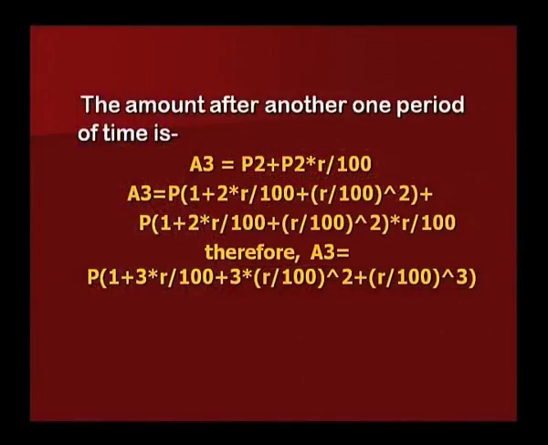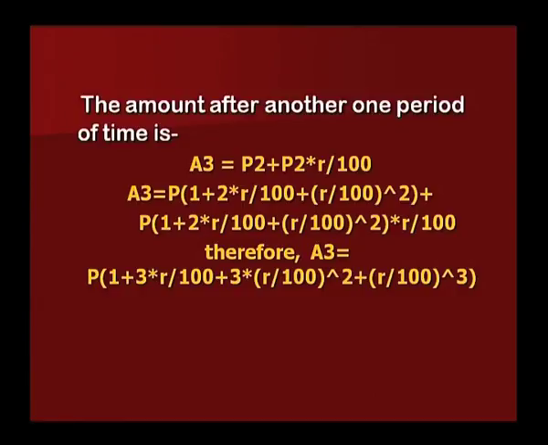Now we calculate the amount after another one period of time, A3. A3 is equal to P2 plus P2 into R upon 100, that is A3 is equal to P(1 + 2R/100 + (R/100)^2) plus P(1 + 2R/100 + (R/100)^2) multiplied by R upon 100.